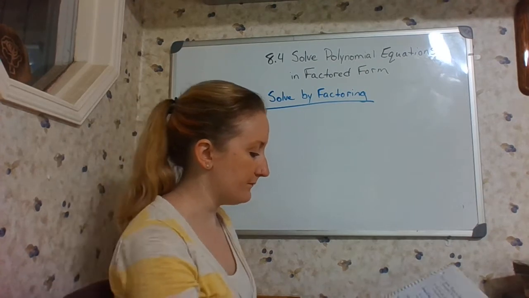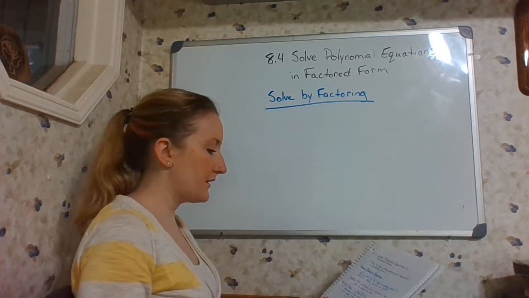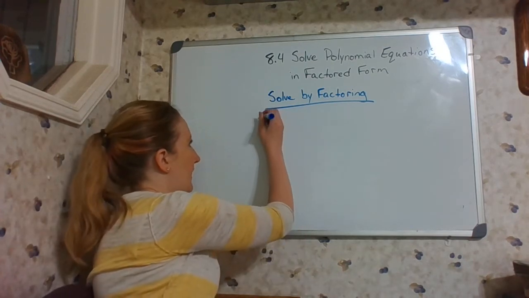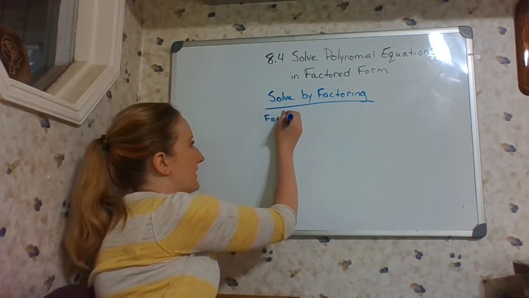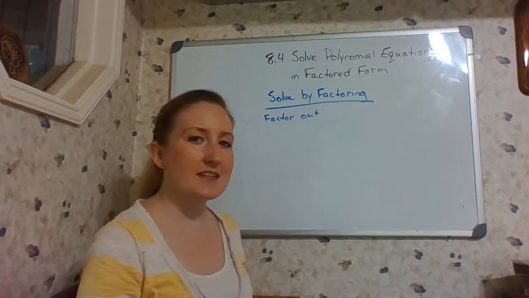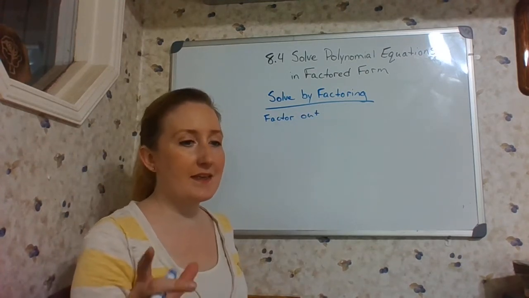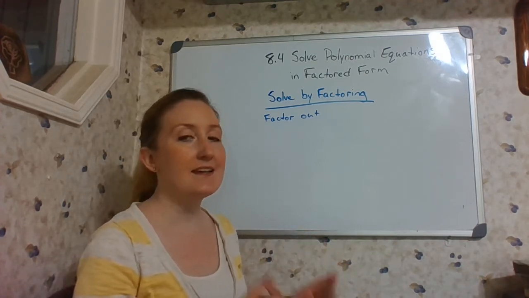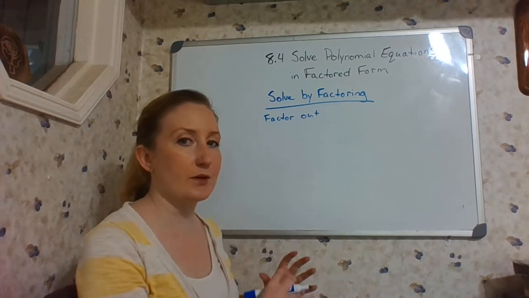So basically what we need to do is find the greatest common denominator. And the term that we're going to use is factor out. Factoring out is not exactly the same as dividing. We are dividing by that, but the greatest common denominator doesn't actually go away. It stays there as part of your equation.